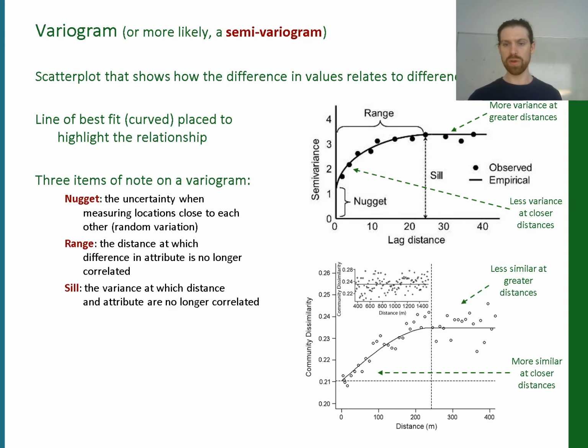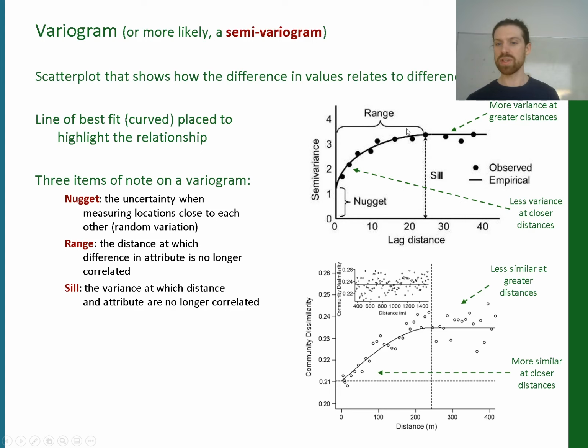Okay, so we have a more theoretical version up here, which gives you the general overview, and we're able to note three items of importance. We have the nugget, which is the uncertainty when measuring locations close to each other, and that can be random variation. We also have the range, which is the distance at which differences in attributes are no longer correlated.